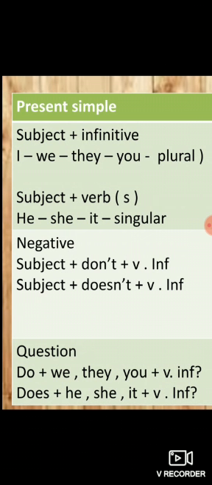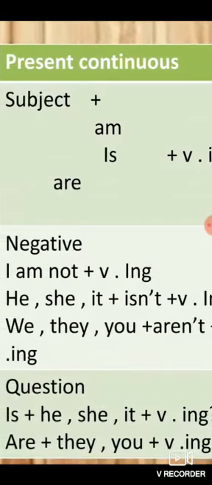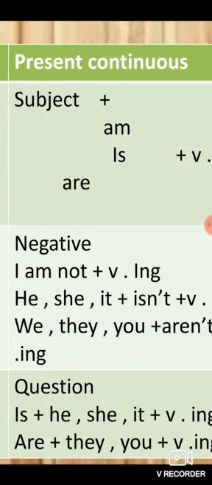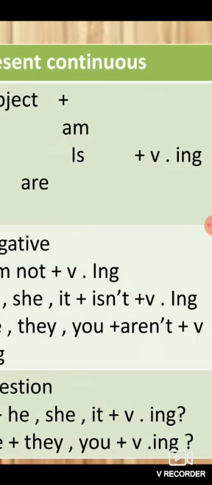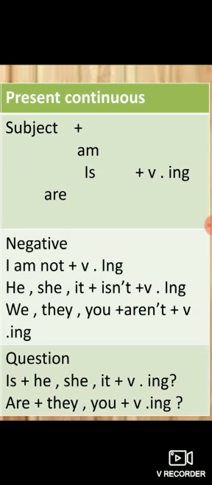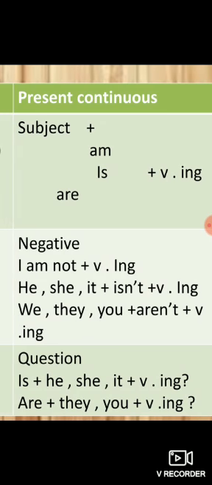What about the present continuous tense? Here we use the subject and then am, is, are. After that we put ing at the end of the verb. What about the negative? Yes, we use am not or amn't. I am not, I amn't, and then we put the verb in the gerund or the ing form.